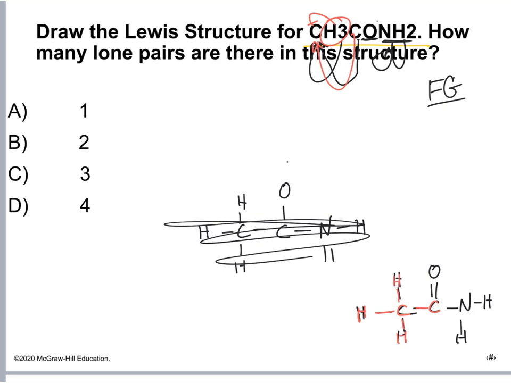And then here, the tricky thing is oxygen is bonded to the carbon, and oxygen likes 2 covalent bonds and 2 lone pairs. So I'm just going to go ahead and put the lone pairs on oxygen. Carbon likes 4 bonds, and so 1, 2, 3, 4, and hydrogen likes just 1.